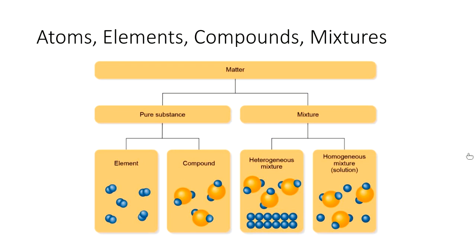Now, there are different types of solutions. The most common is a solid in a liquid, like lemonade or sugar in water, but there are many types of solution. Those are not the only ones.